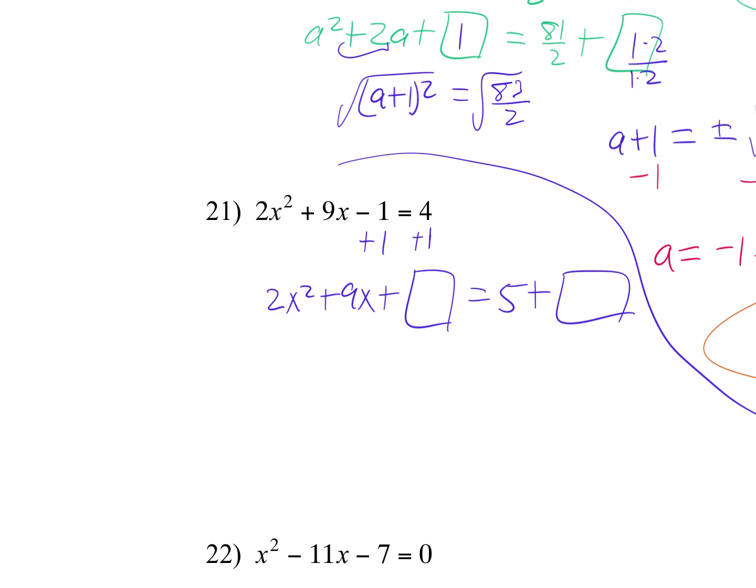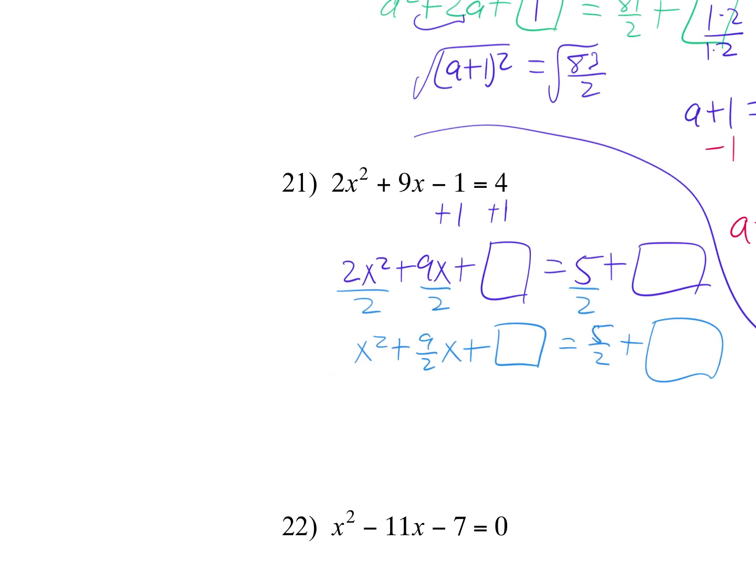Okay, and again, just like the other ones, we don't want that 2 in front of the x squared, so let's divide everything by 2. So we get x squared plus 9 over 2x plus our little box is going to equal 5 over 2 plus our little box.